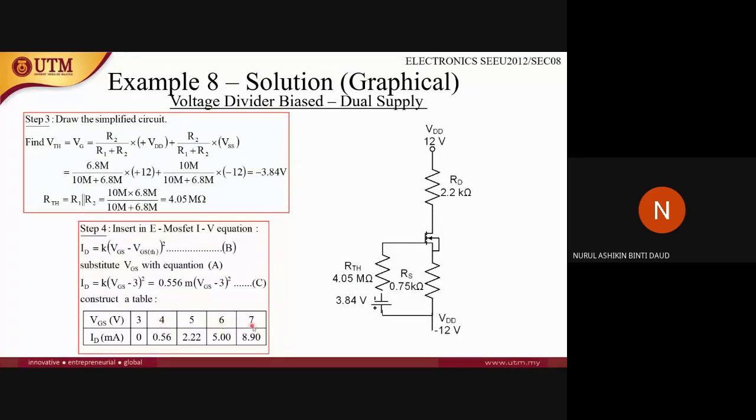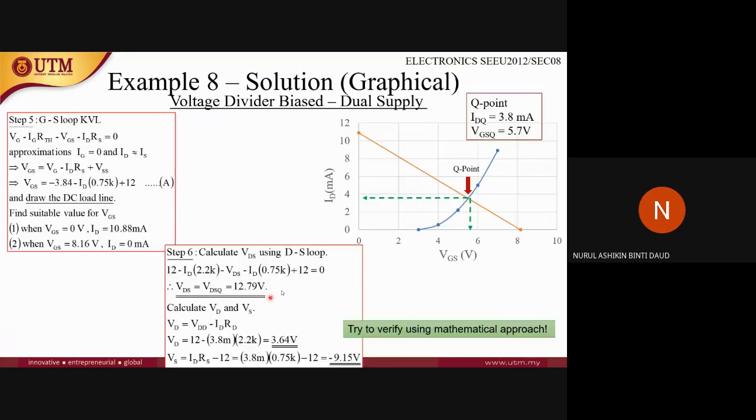Then try to find a few VGS values, and you will get a few drain current values. With these values, plot the transfer curves, and then proceed with the DC load line.